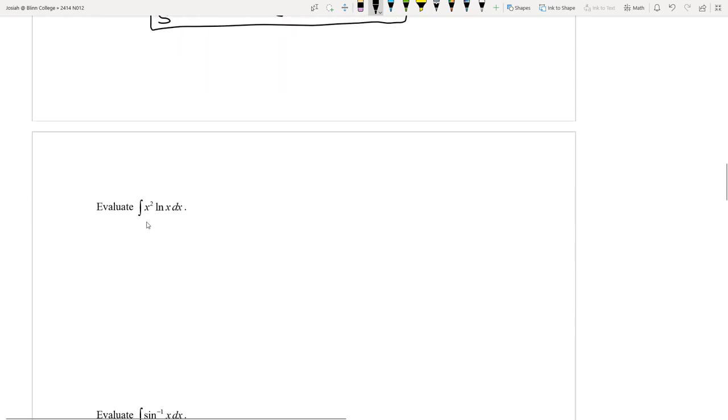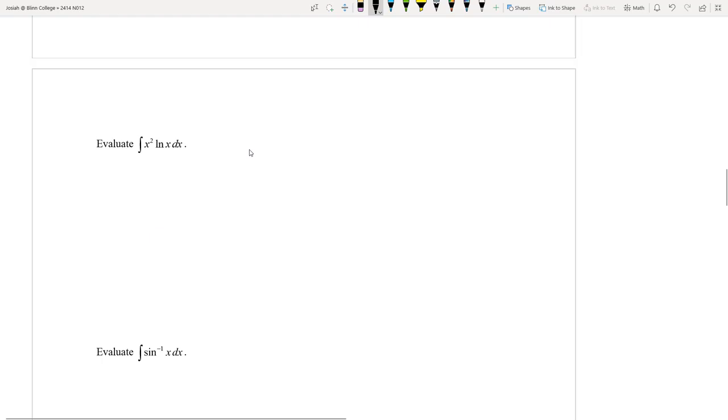All right, x squared natural log of x. Let's go ahead and try this with our table again. So remembering LIPET, first is logarithms. So we'll choose natural log of x as our u. And we'll go ahead and choose then x squared as dv.